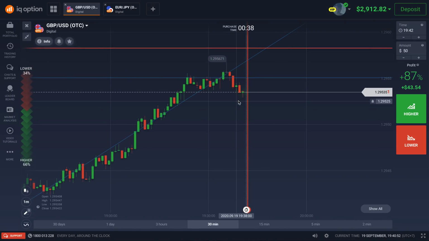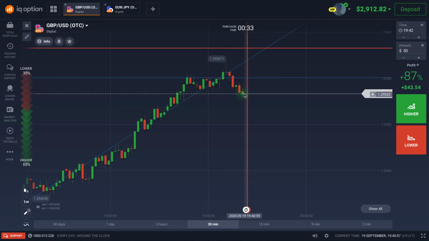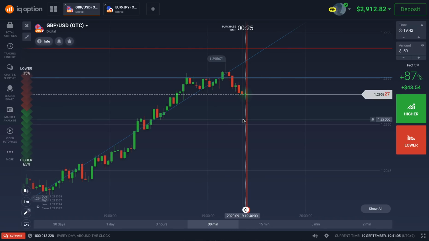The price is kind of going down, but they need significant power to go further than this so that they can change the trend.